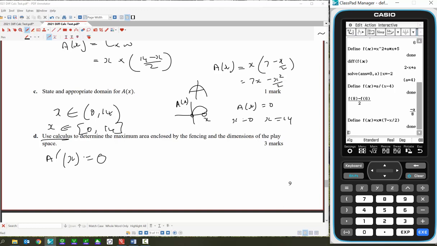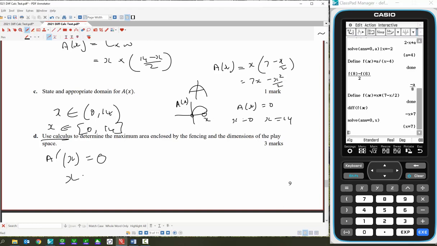What I'm going to do is diff that. So there's my derivative, and solve it. So shift equals ans, x equals 7.